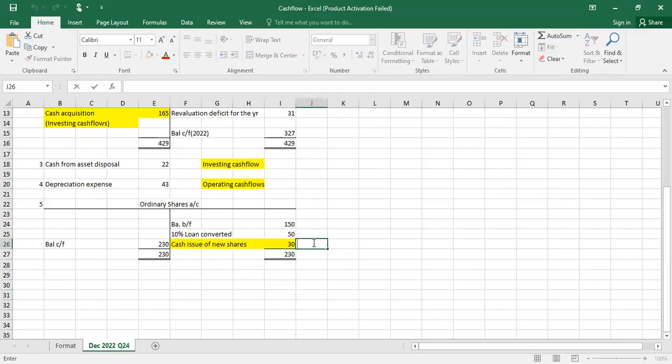So what is most important here? Why we are determining this is because later for the statement of cash flow, this will be a financing cash flow.